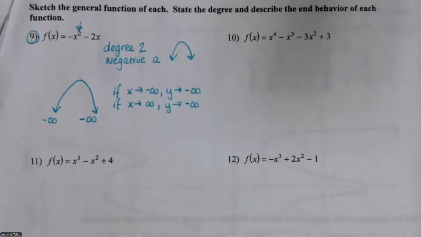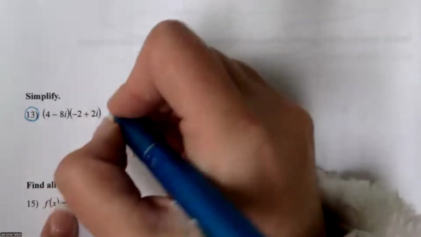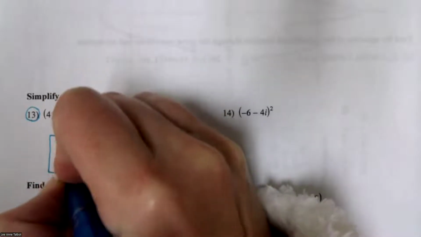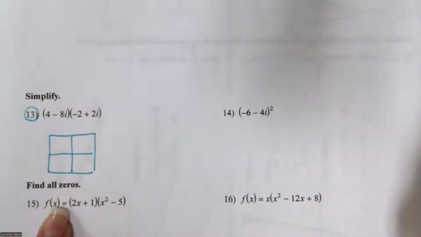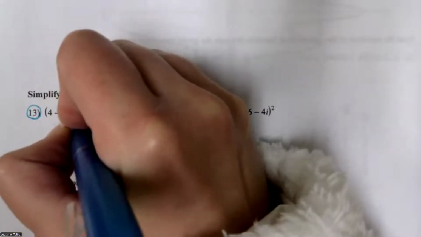Okay, now move down to number 13. That's going to be one of many boxes we do today. And this one is a box with i's in it. 4 minus 8i, negative 2 plus 2i.